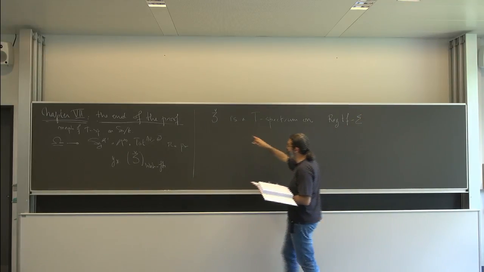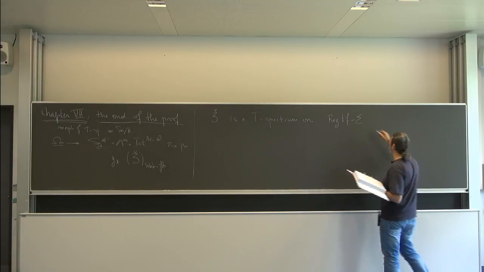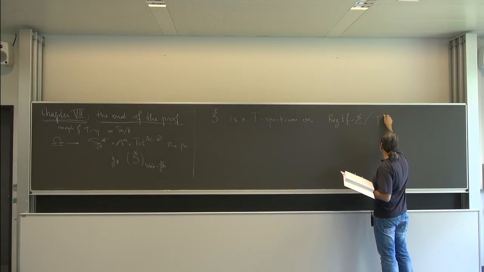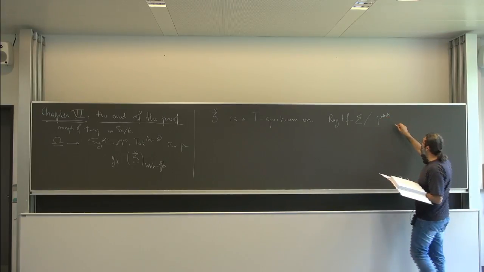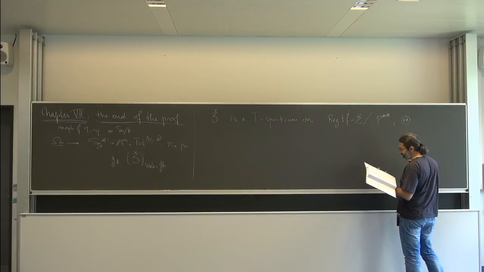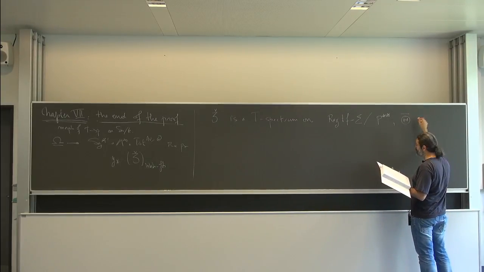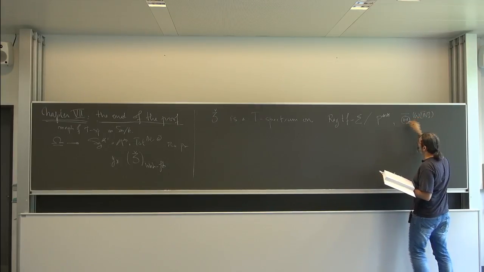So this is a T spectrum on regularly stratified schemes over some double star scheme, or diagram of schemes indexed by this category that we have seen many times.